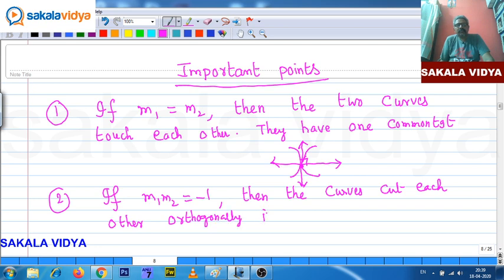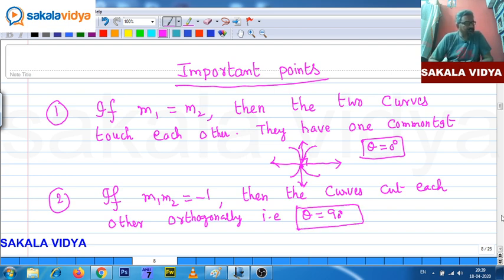So, that is, the angle between the curves theta is equal to 90 degrees. Here the angle between the curves is theta equal to 0 degrees, we say. Here 90 degrees. Okay, 90 degrees.